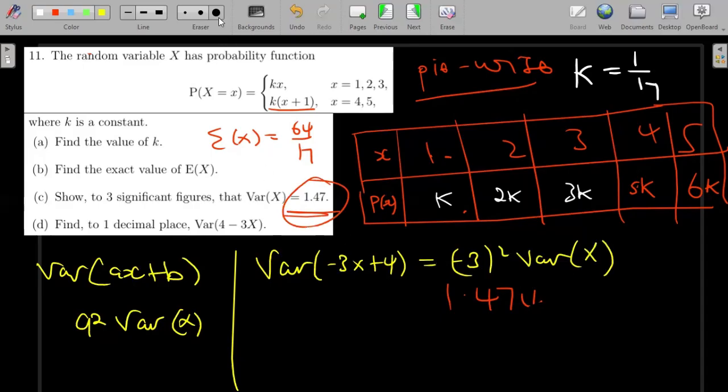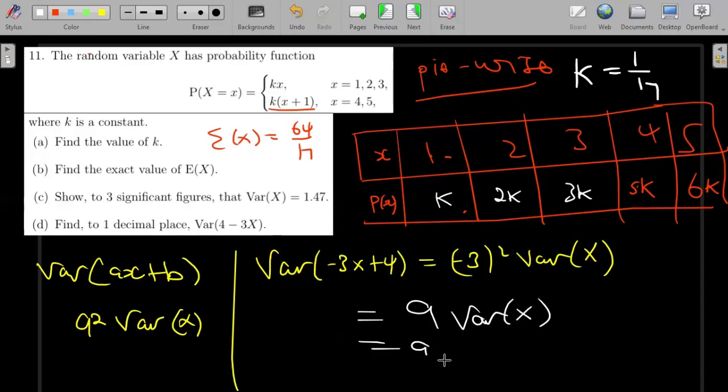The constant there, just ignore it, it disappears from the equation. So this will be 9 variance of x. The variance of x is 1.47, so this is 9 multiplied by 1.47, that would be 13.3. That would be the variance of this expression.